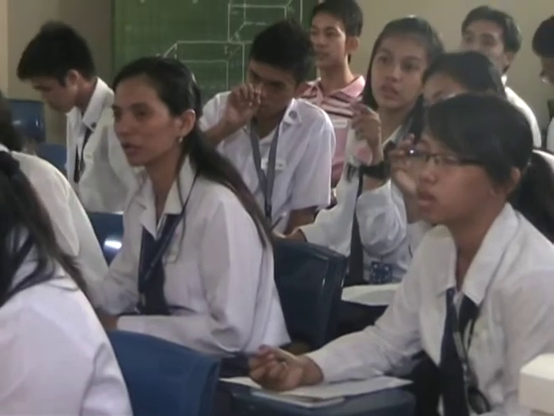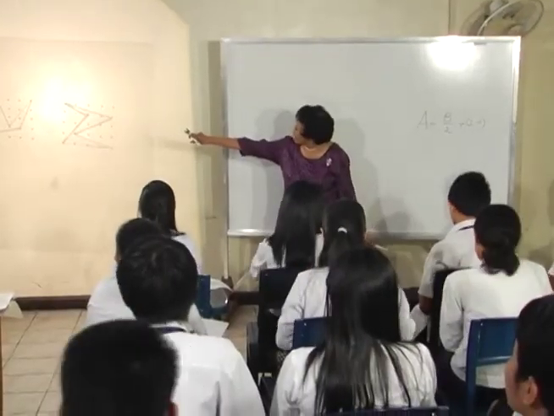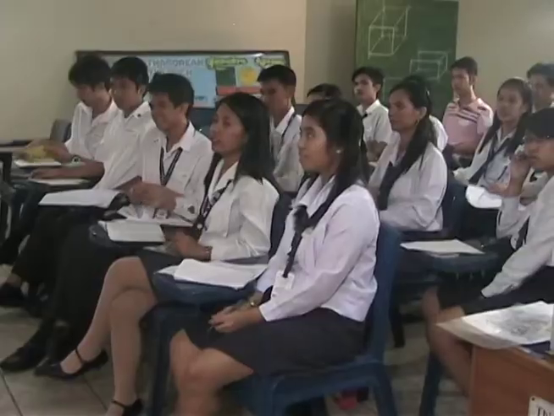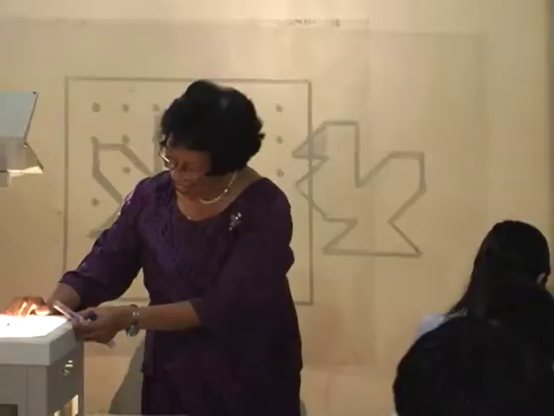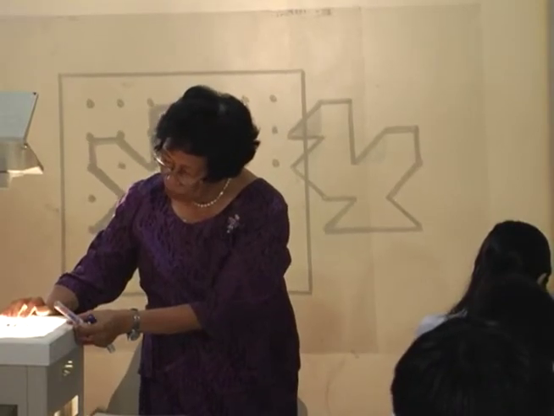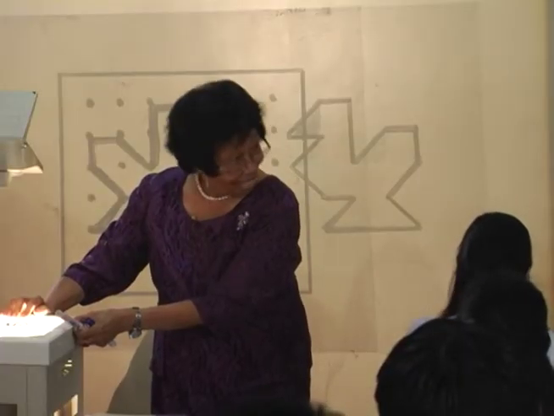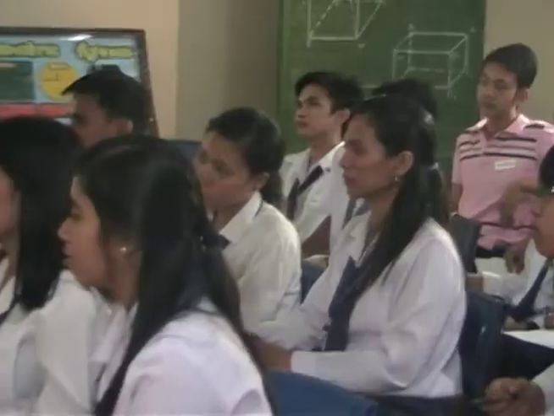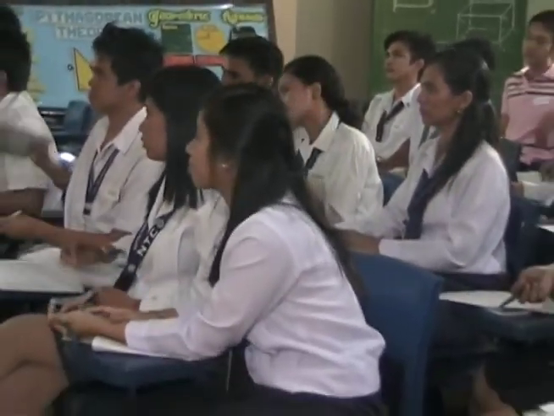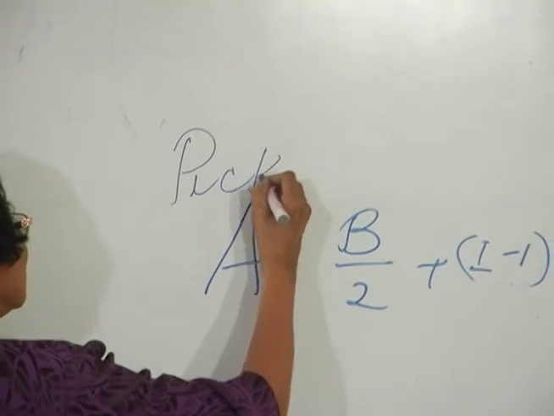Write down your answers. Number 1, class? 8. Number 2? 5.5. Number 3? 5. All right. How much? Boundary? Yes? 9.5. I'm sure you met this lesson before. The name of this formula is Pick's.